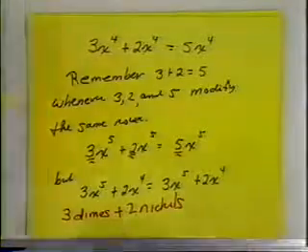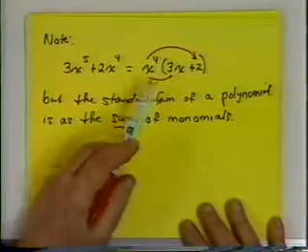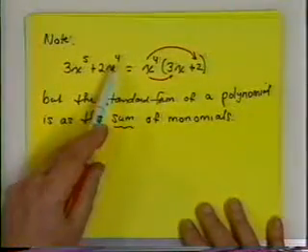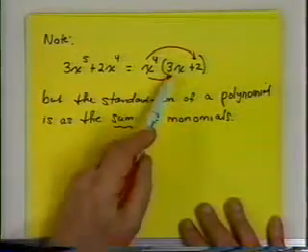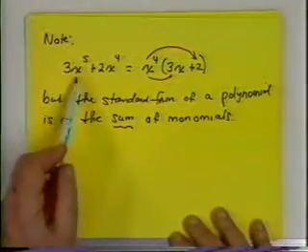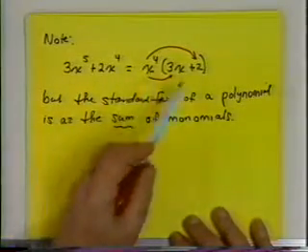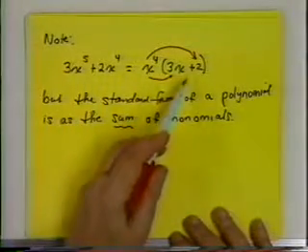Of course, what we could do over here is notice that by the distributive property, 3x to the fifth plus 2x to the fourth is the same as x to the fourth multiplying 3x plus 2. In other words, x to the fourth times 3x would give me 3x to the fifth, and x to the fourth times 2 would give me 2x to the fourth. But that's not counted as being a monomial.